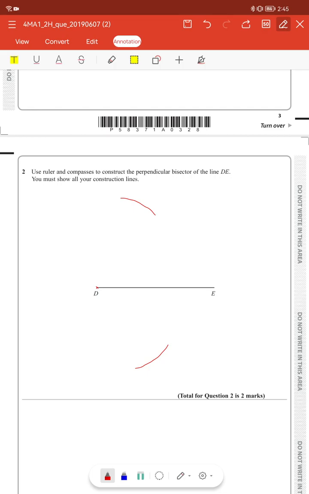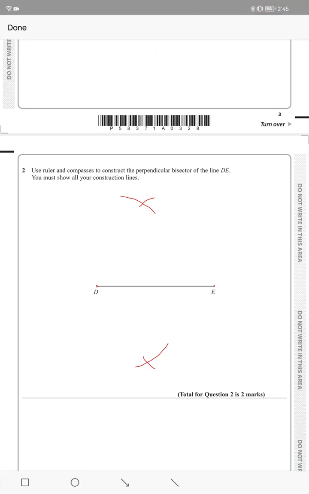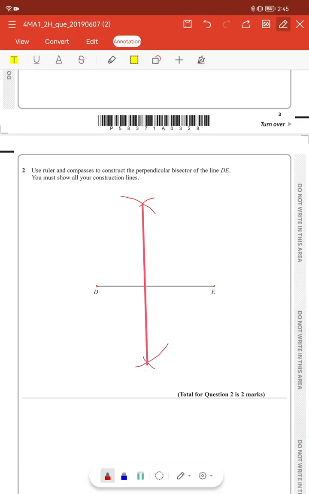Then you leave the compass at the same length, put your pointy end here, and draw your arc going the other way, and wherever these two lines connect, you would draw a line going down, and that should be your perpendicular bisector. Again, I don't have the necessary tools on my screen recorder that would allow me to do it accurately.